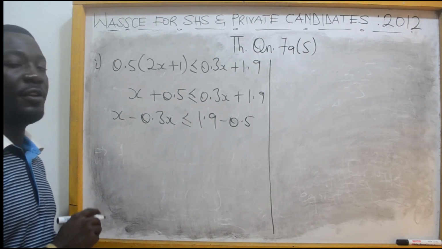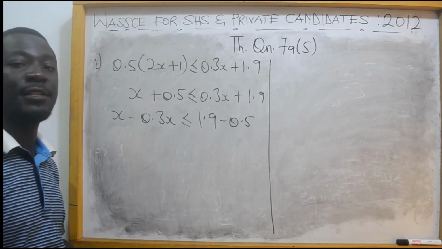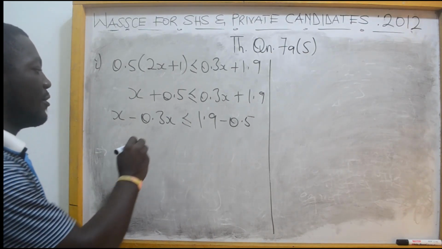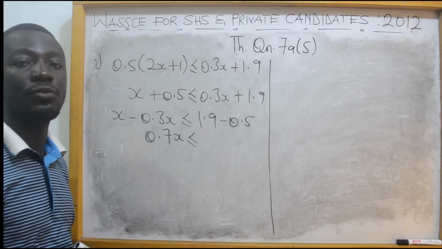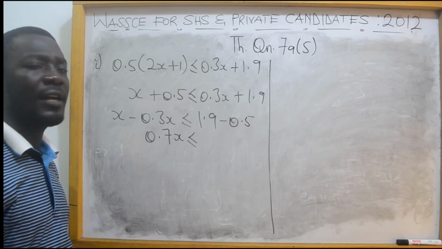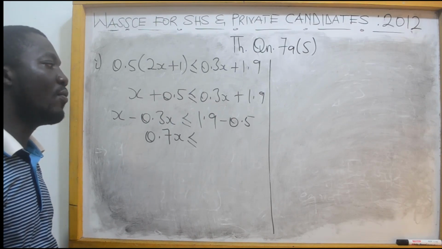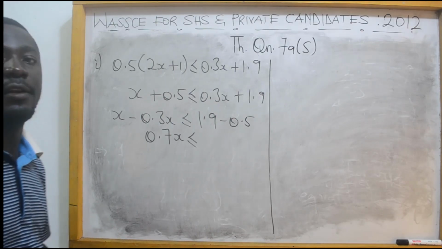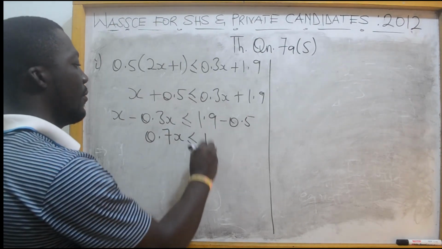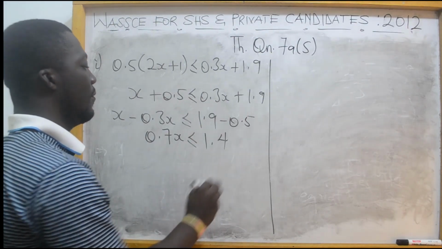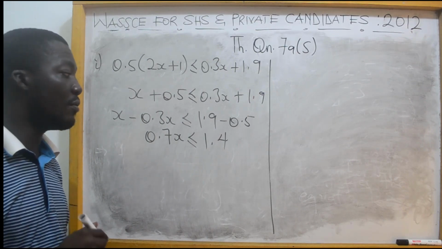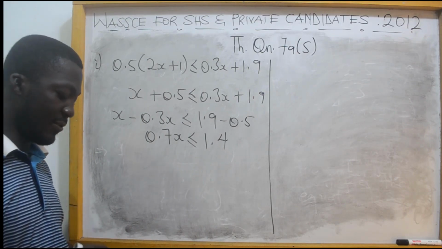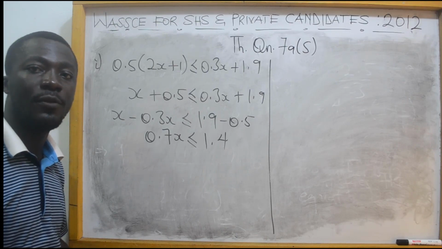Then when you subtract 0.3x from x, we are going to get 0.7x less or equal to. Then when you subtract 0.5 from 1.9, we are going to get 1.4. I want to find the value of x, so we divide both sides by the coefficient of x, which is 0.7.